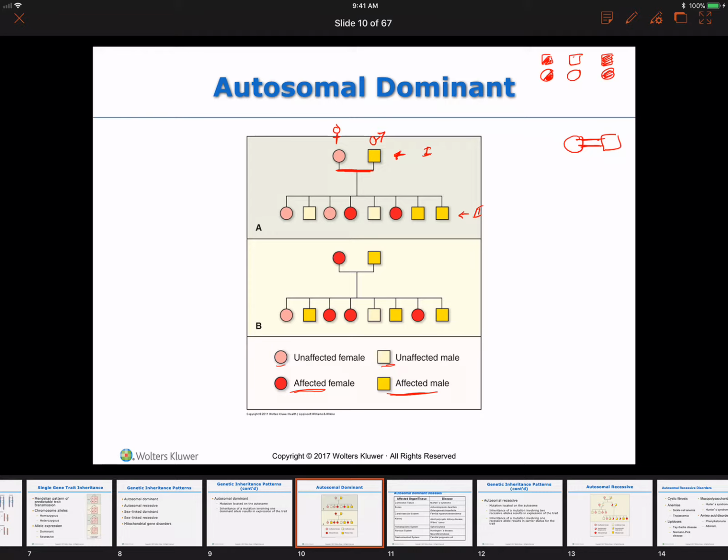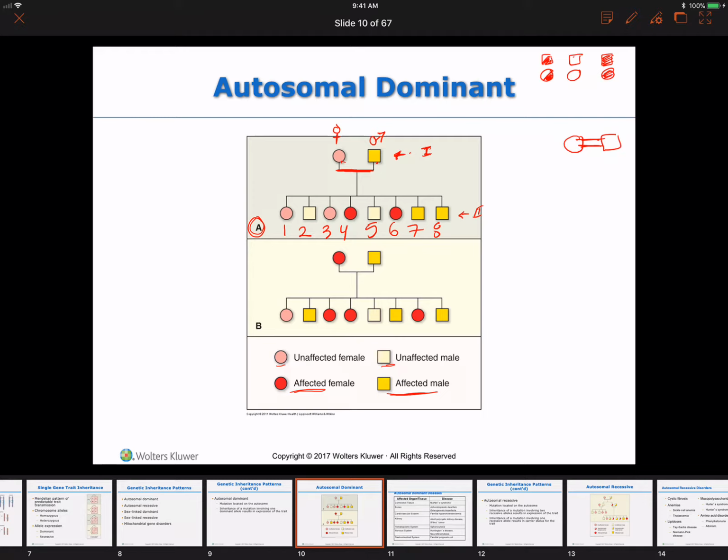So in our first example, in pedigree A, the first generation, we see an affected male, so a male who has the disease, marrying a female who doesn't have the disease, and then they have a bunch of kids. So let's number those kids. Kid 1, 2, 3, 4, 5, 6, 7, and 8. All right, can you guess who is what? Well, kid 1, the daughter is fine.